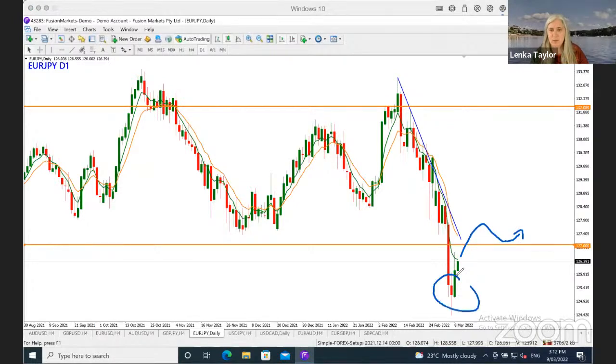At the moment, we only have one touch point, and it would be good to have either a double bottom or a higher low. Then that would be a good opportunity to go long. Otherwise, at the moment, I'm still looking for short, and that's just according to my system.